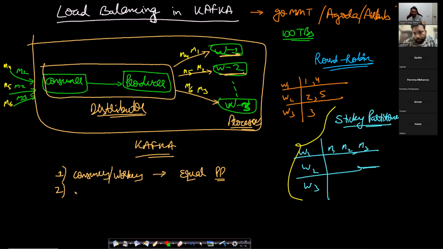The second assumption is that all the messages are equal in workload. The messages may not be equal in workload. One message may be trying to connect to the DNS server. One message may be trying to connect to a third party website and load something from there. One message may be trying to connect to a local website. Another message may be trying to connect to a faraway website, which is available somewhere else, not in the cache or in the local cluster.